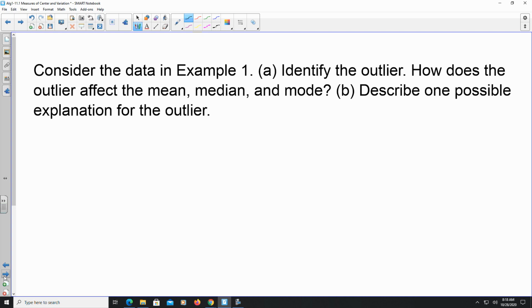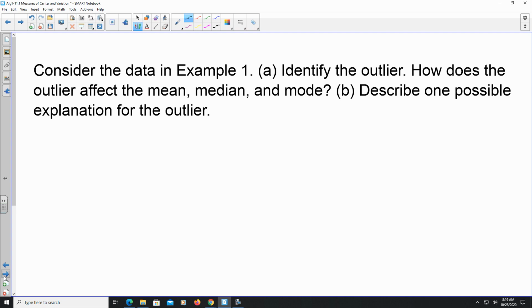So still looking at that piece of data, here it says consider the data in example one. So the wages of the amusement park, they're asking to identify an outlier. How does the outlier affect the mean, median, and mode? And they're asking you to describe one possible explanation for the outlier.